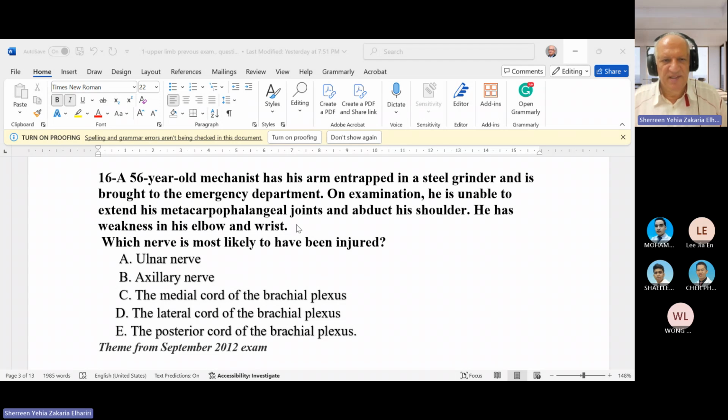So all the extensors are affected. It means this patient has an injury of the main radial nerve or above it. So it means that he has a posterior cord brachial plexus injury, because as you know, the radial nerve arises from the posterior cord of the brachial plexus. So the answer here is the posterior cord of the brachial plexus.